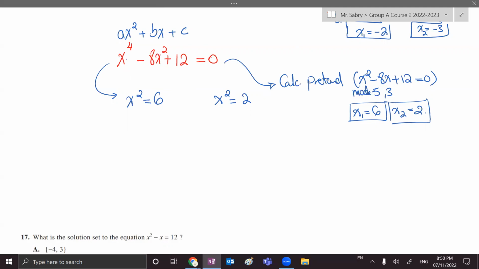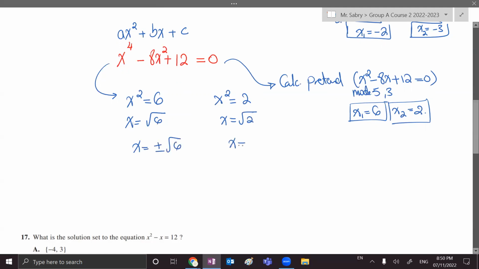But we can use the method of the quadratic function to get the answers for these two, and out of those we take the square root of 6 and the square root of 2, which will give me positive or negative root 6 and positive or negative root 2. Does this make sense?